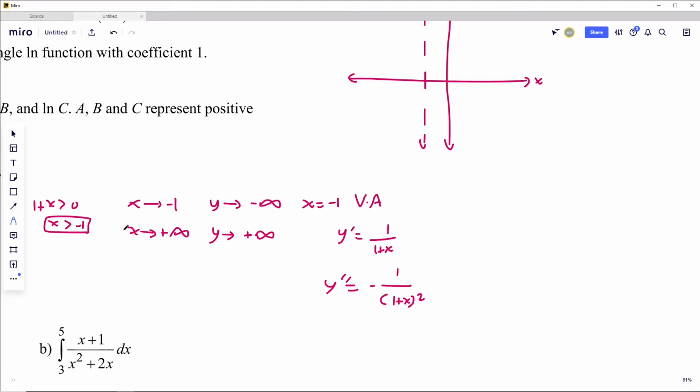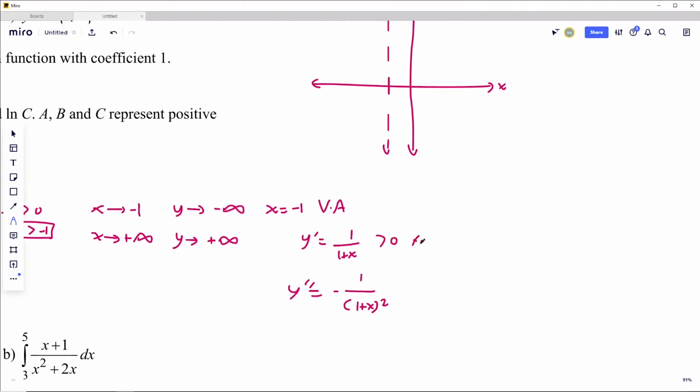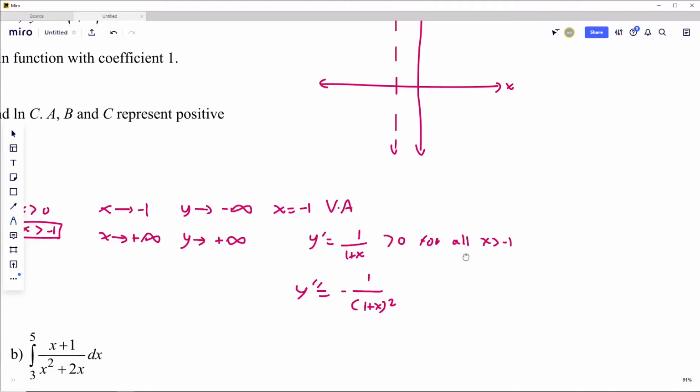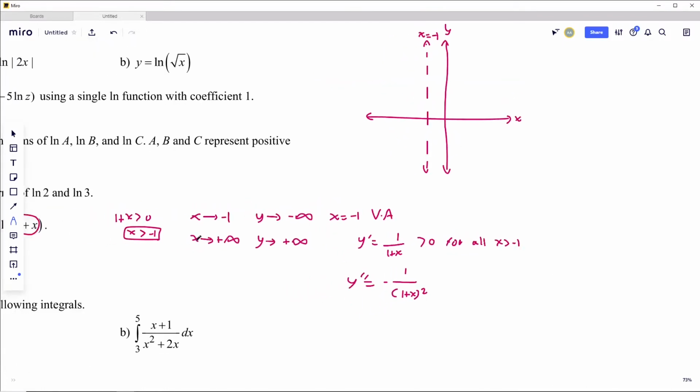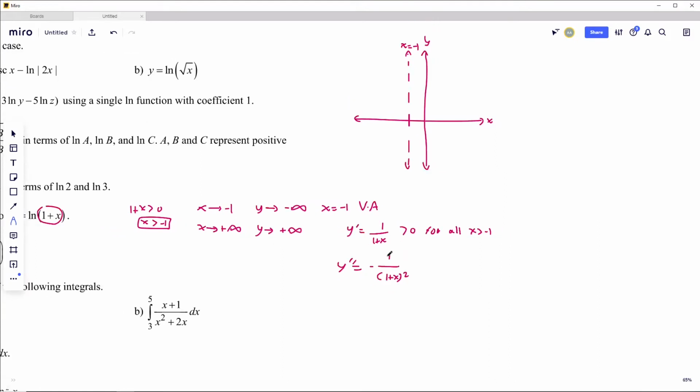And we know that it must be greater than minus 1. So if it's something like minus 0.999, it's going to be positive here. So it's always going to be greater than 0 for all x greater than minus 1, because that's our defined domain. So it's always increasing, but that's just predicting.